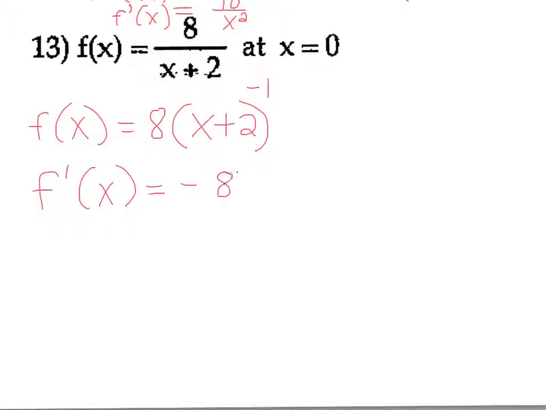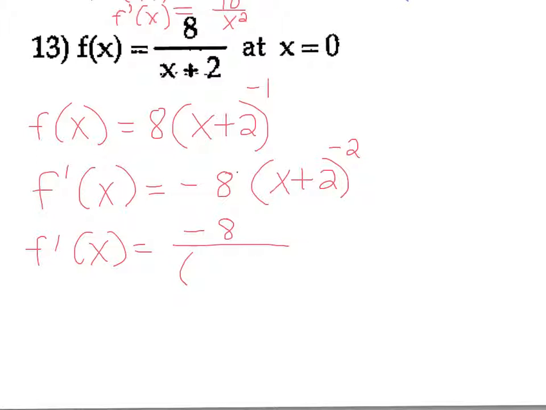Negative 8 parentheses x plus 2 raised to what power? To the negative 2. Then I rewrite it first. f prime of x equals negative 8, and then I bring that to the bottom. x plus 2 raised to the second power. That is my derivative function.